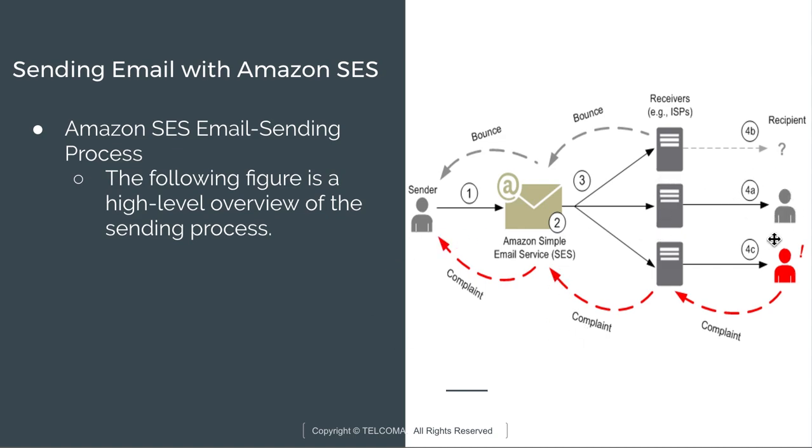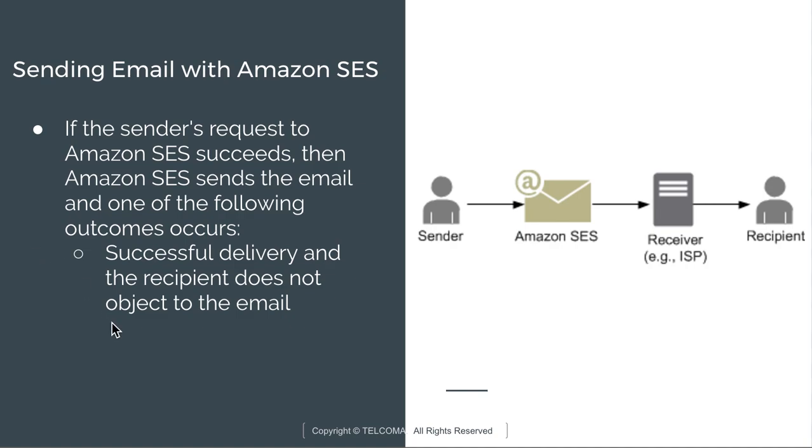Whereas if we see the 4A user, it receives the email. If the sender's request to Amazon SES succeeds, then Amazon Simple Email Service sends the email. Successful delivery: sender, Amazon SES, receiver and recipient.